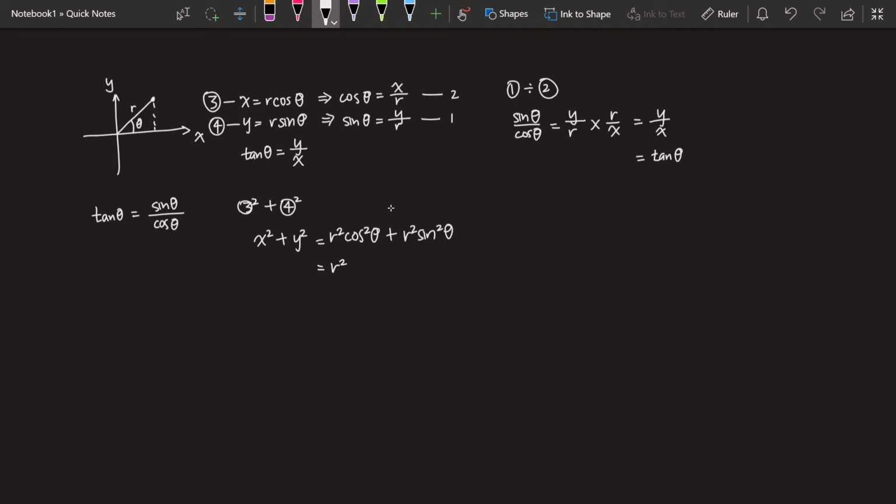So we can factorize out the r squared. And this would be equal to x squared plus y squared.